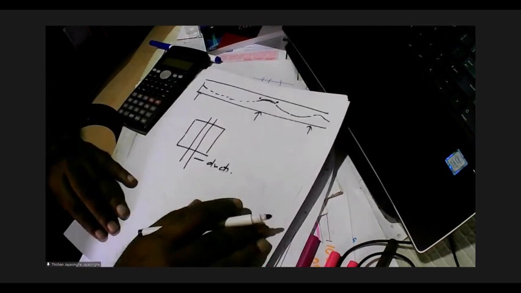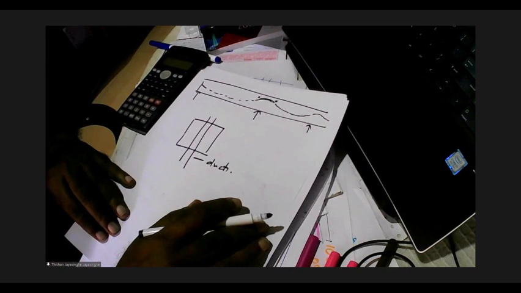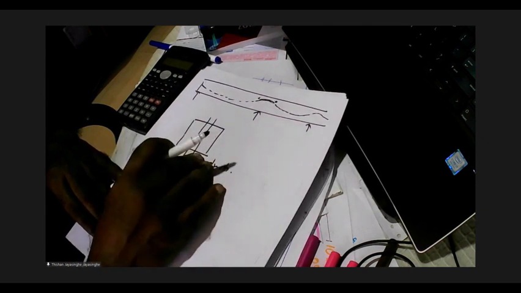Because the requirement is when you have a column, you have to ensure about 2 ducts go through the column. The idea is in case of an emergency, this band that's going through will act as a tie and prevent the collapse of the slab.